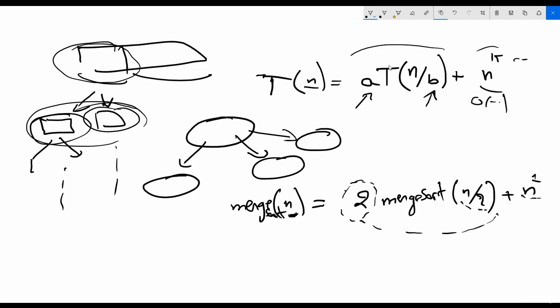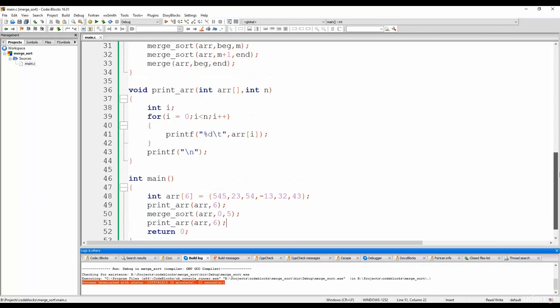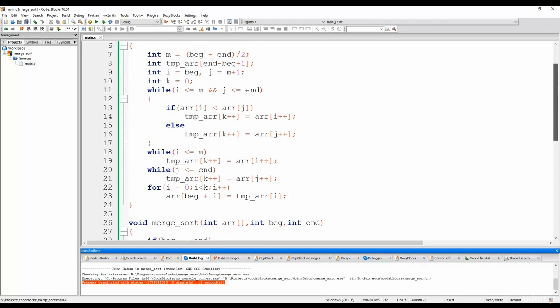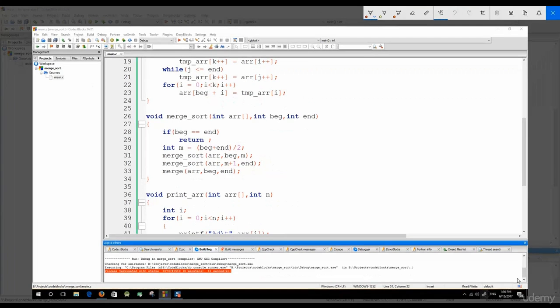So basically, if we take a look at the merge sort code here that we've seen in the previous lecture, this is the merge sort function. We have here a constant operation, and this is also another constant operation.